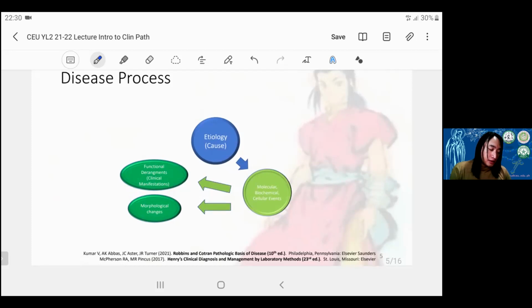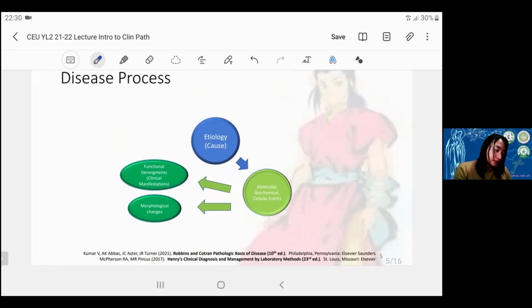And this etiologic agent would cause molecular, biochemical, and cellular events that would lead to morphological changes. And because of these morphological changes, there would be functional derangements because the basic tenet is that the structure dictates function.